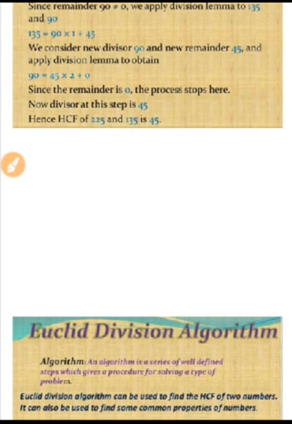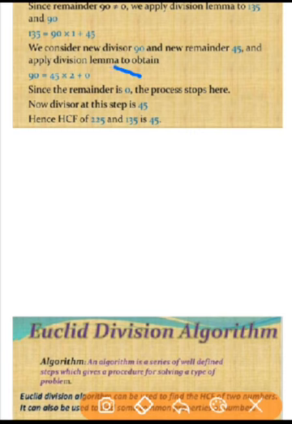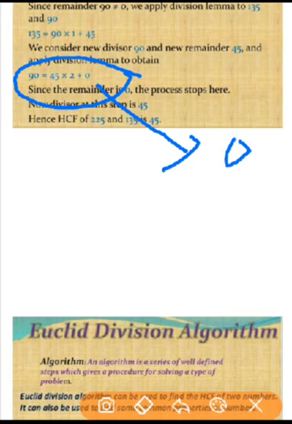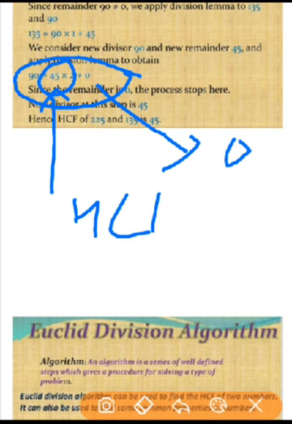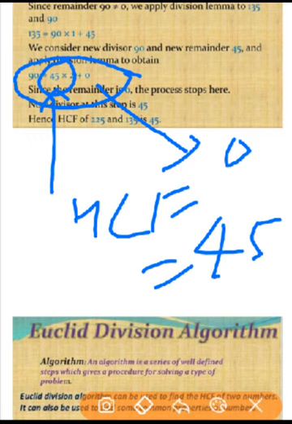In this step the remainder is 0, so from this step our HCF is the divisor, 45. So this is how we can find the HCF of two positive integers by Euclid's division algorithm.